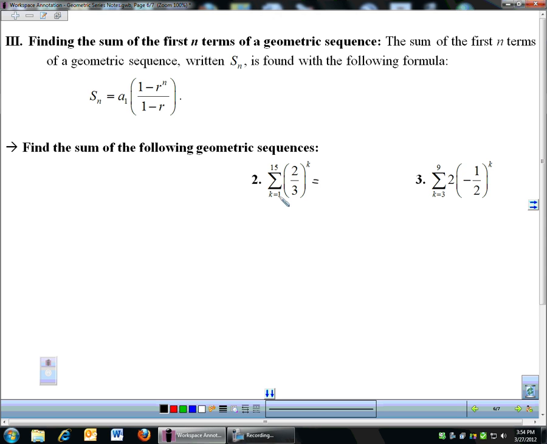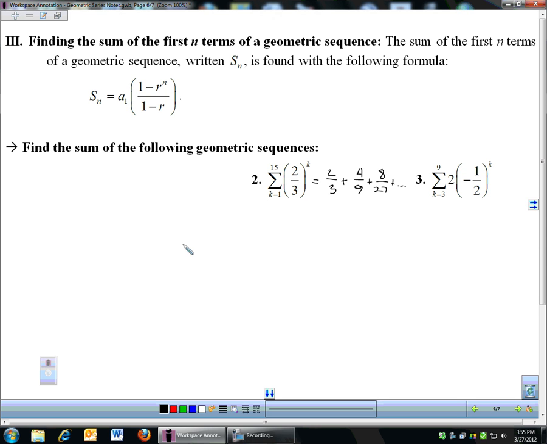If I plug in 1, 2 to the first is 2, 3 to the first is 3, plus, because we're doing the sigma, the sum of it. If I plug in 2, 2 squared is 4, 3 squared is 9, plus, if I plugged in 3, 2 cubed is 8, 3 cubed is 27, plus dot, dot, dot.